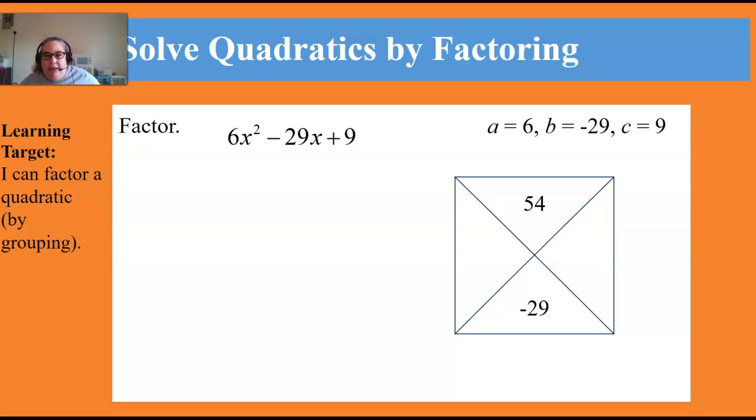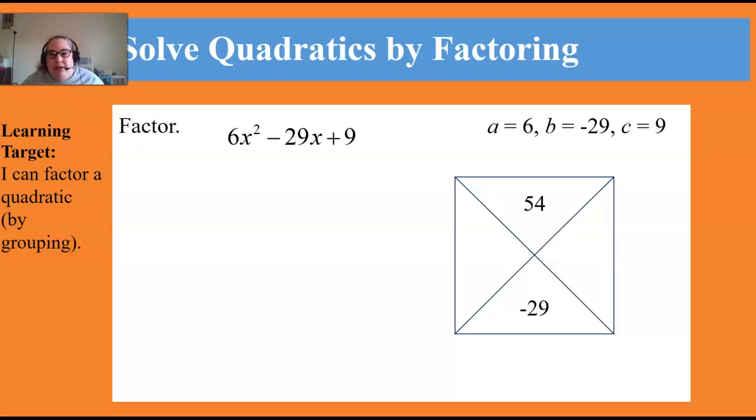That's our B term. What we are going to do is try to figure out what are two factors of 54 that, when you add them together, give you a sum of negative 29. I see that I have a positive product with a negative sum. That means I'm looking for two factors that are both negative. Here you could list the factors of 54.